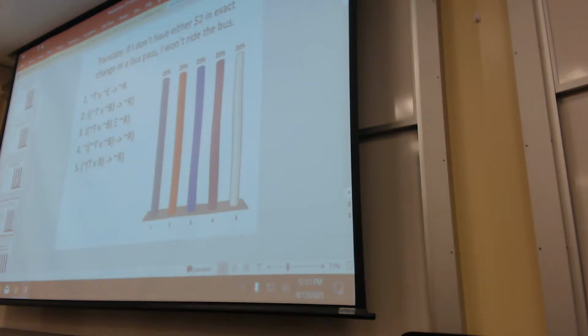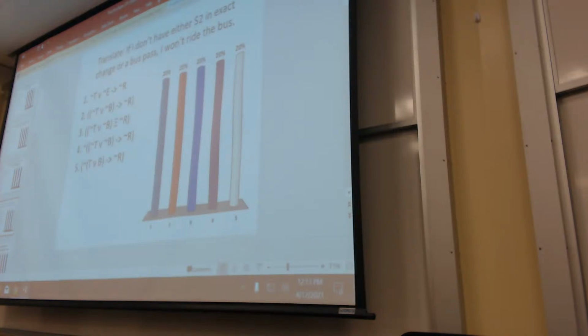All right. If tells us to open a parenthesis and that we will eventually need an arrow. Don't tells us we're going to need a negation. Either tells us to open a second parenthesis.